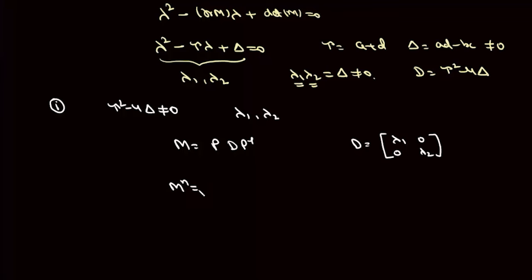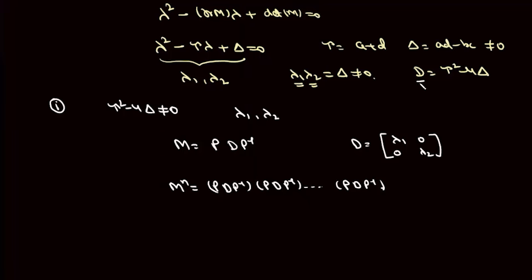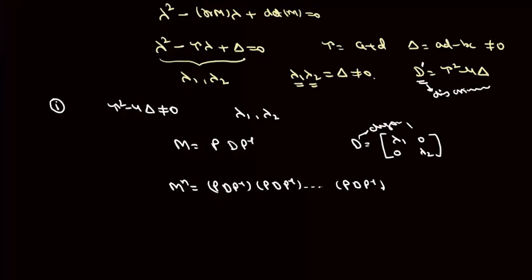Now we can write M to the power n as P D P inverse times P D P inverse, and so on. Let us say the discriminant is D dash, so as not to confuse it with D: D dash is the discriminant, whereas D is the diagonal matrix containing the eigenvalues.